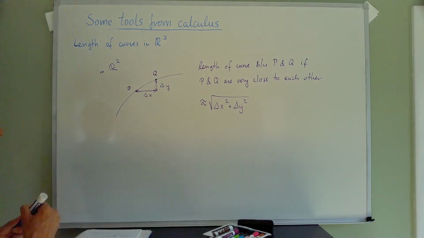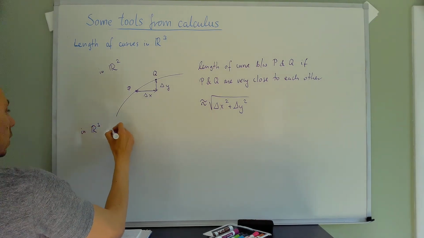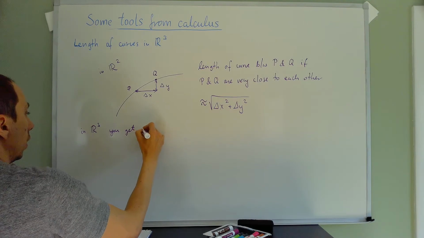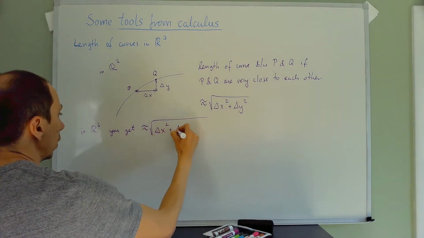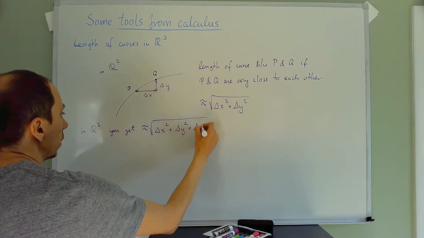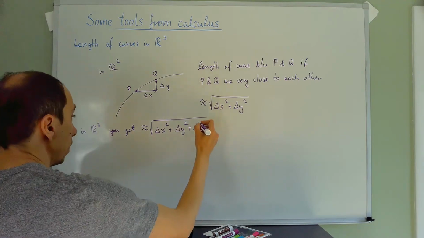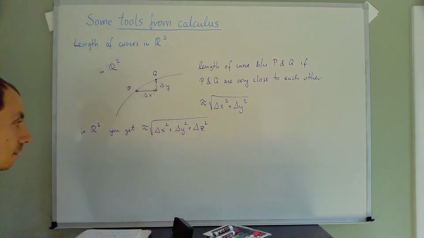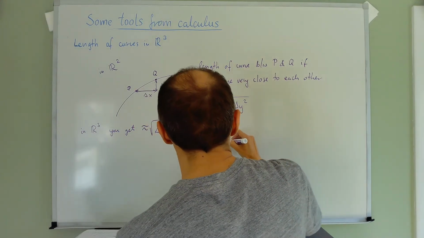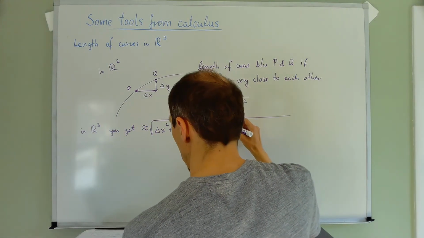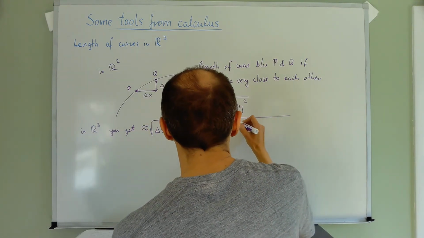So in R3, I'm not going to draw a picture here, but you get the approximate length to be the square root of delta x squared plus delta y squared plus delta z squared. And that's the same as, I'm just going to introduce another parameter, delta t.